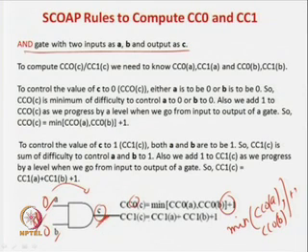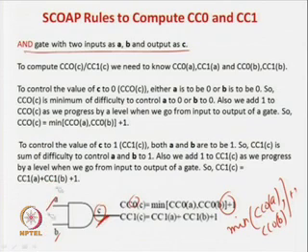So, the minimum of the difficulty of making A 0, B 0 is the difficulty of controlling C to 0. Whichever is easier, A or B, we take that and add 1. That is why we say the minimum of combinational controllability of A and of B to 0 gives the combinational controllability of C to 0, and you have to add a 1 because there is a level shift.